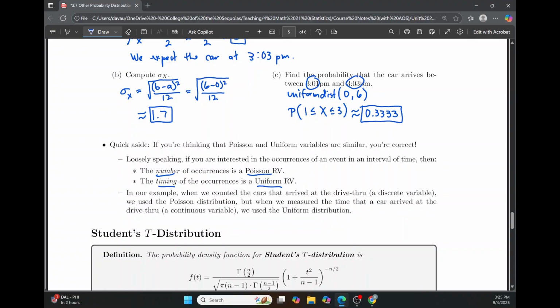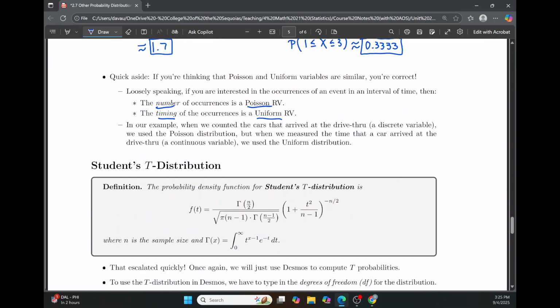So in our example, when we counted the cars that arrived at a drive-through, we used the Poisson distribution. But when we measured the time that a car arrived at the drive-through, we used the uniform distribution. There are some details there that you would have to hammer out in order to really nail this down rigorously, but loosely speaking, that's how those variables are connected.